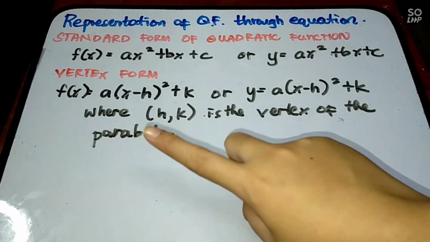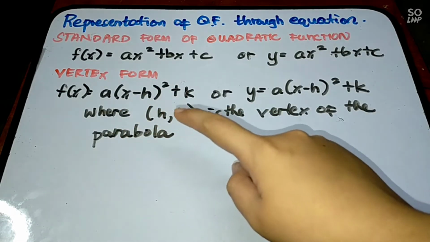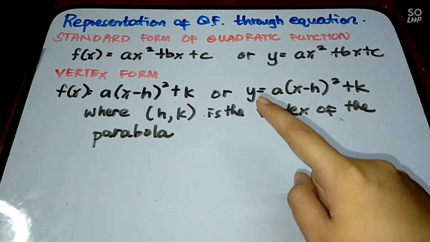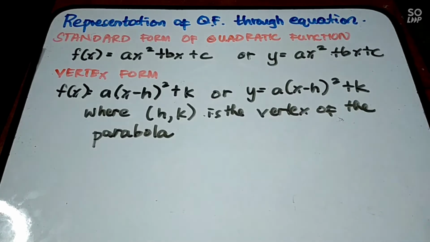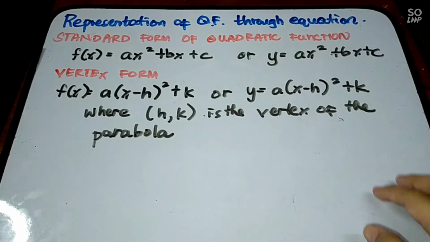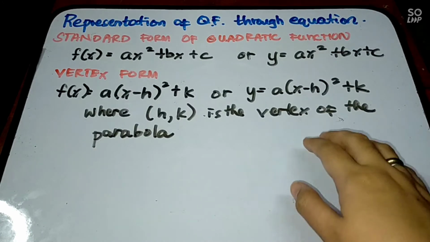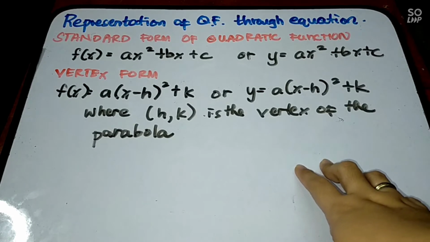Then, for the vertex form, we can also represent it by using vertex form. We have here f of x is equal to a times the square of x minus h, plus k, or y is equal to a times the square of x minus h, plus k, where h and k is the vertex of the parabola. Etong si vertex form, madalas mo itong makikita kapag ikaw naman ay mag-graph ng quadratic function.